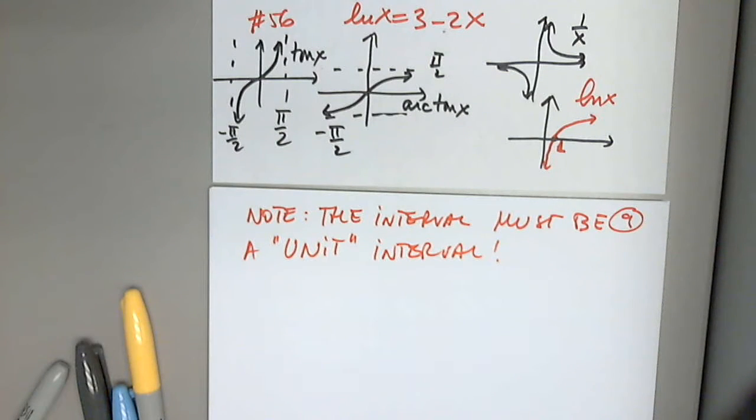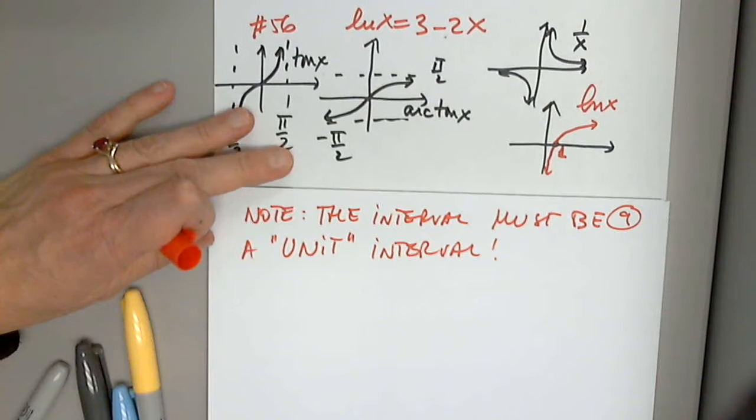So please don't say that this function has a solution between 0 and 10. That's not a unit interval. You can say between 2 and 3. You can say between -5 and -4. You can say between -1 and 0, but you cannot say between 0 and 10. It has to be a 1 unit length.